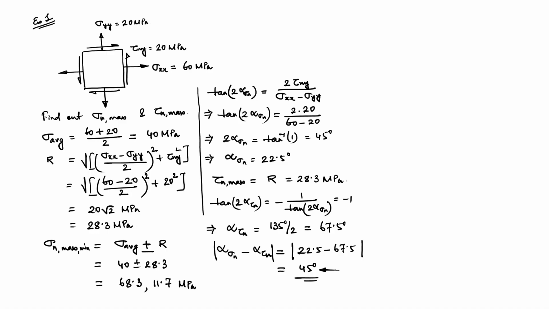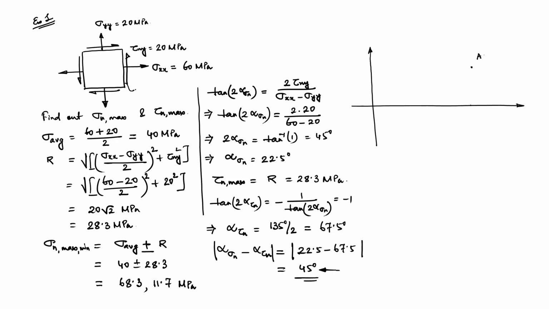So, let us quickly draw the Mohr circle for this problem, and then we can see what is the meaning of this difference between the principal stress and maximum shear stress. Sigma xx is 60 somewhere here, and then 20 tau xy. So, we have this is the A plane.